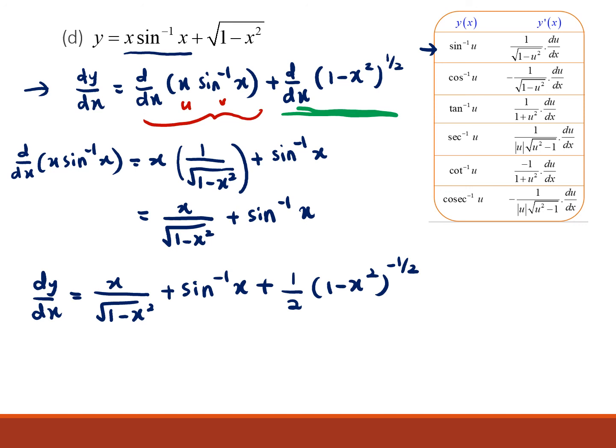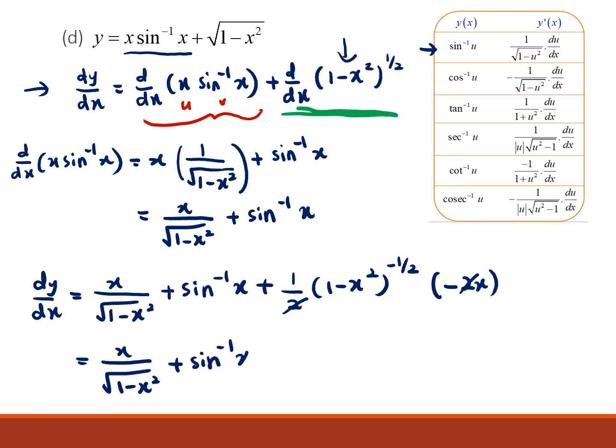And then don't forget to find the derivative of the 1 minus x squared. So it will be negative 2x. So simplifying this, it would be negative x over the square root of 1 minus x squared.